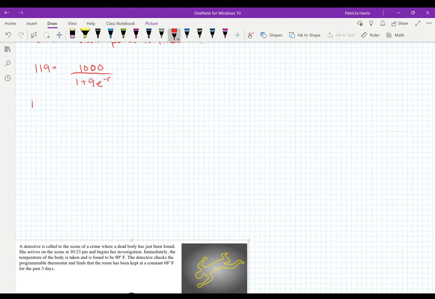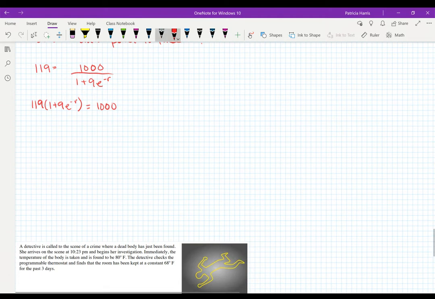So I get 119 times 1 plus 9 e to the negative r equals 1,000. Up to you on whether you want to divide or not. I would just divide.